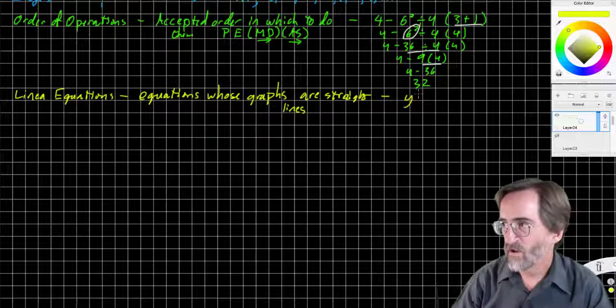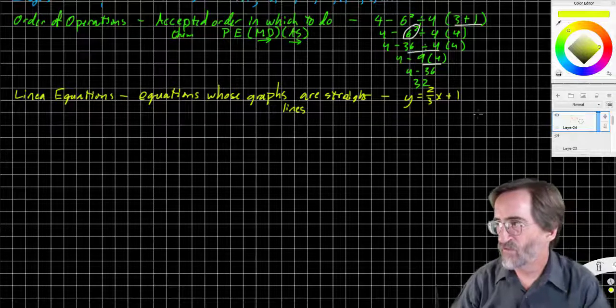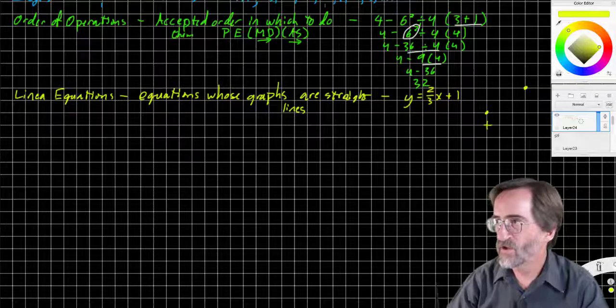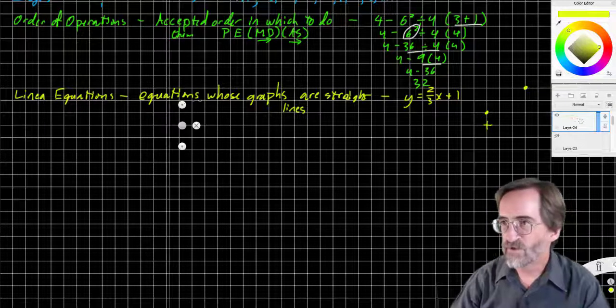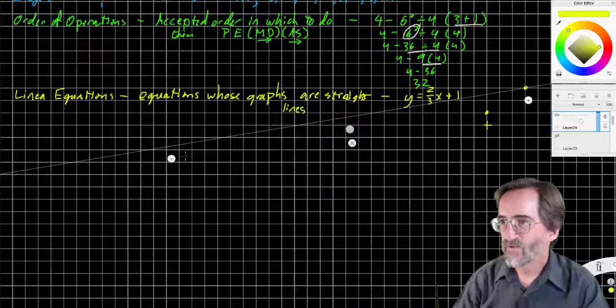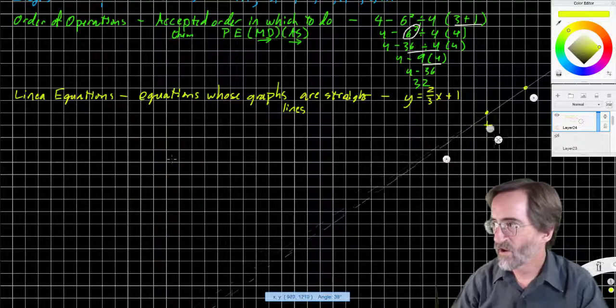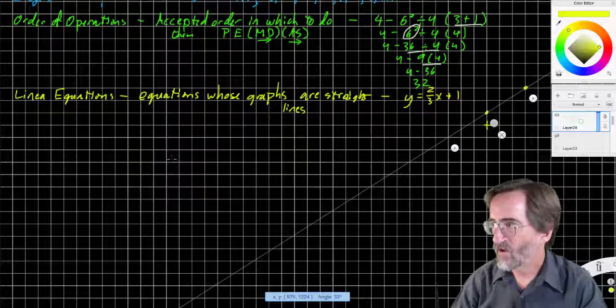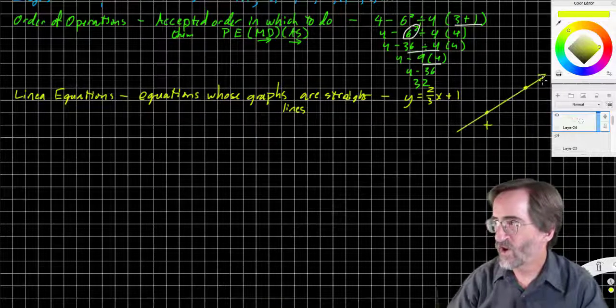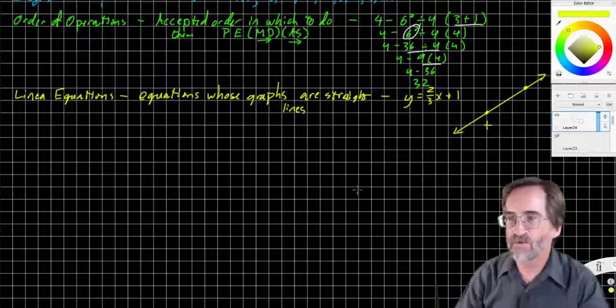Example, y equals 2/3 x plus 1. Starts at 1, goes up 2 and over 3, up 2 and over 3, over and over. Its graph is a straight line. Graphing is a straight line, makes it a linear equation.